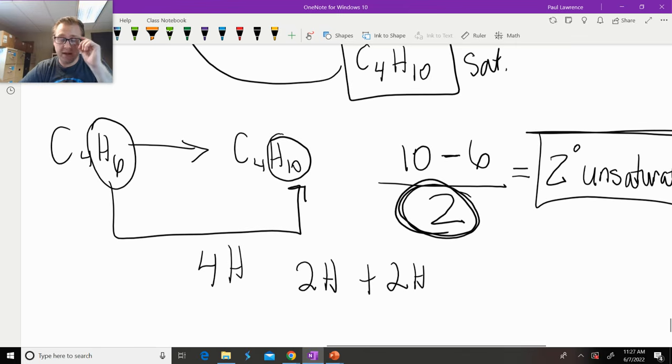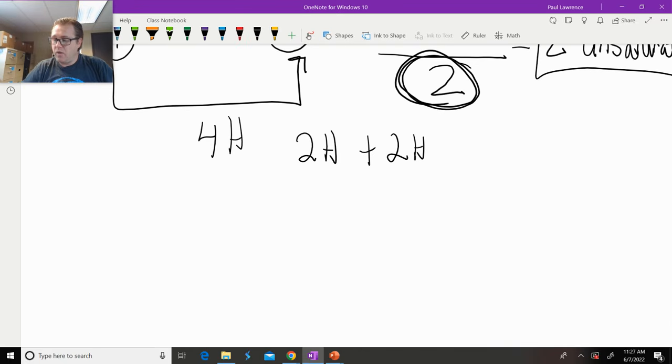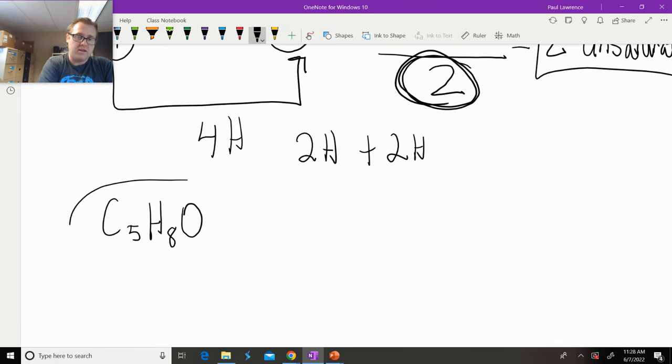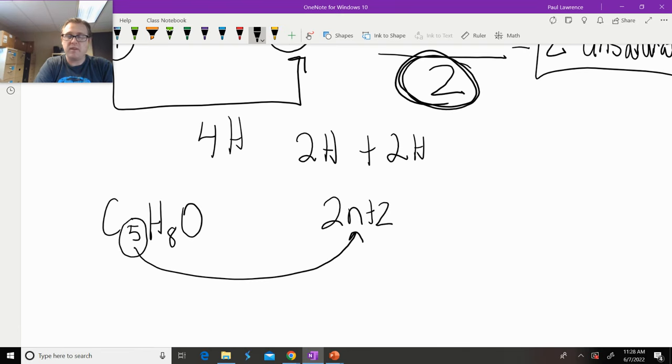Now things will get a little bit more complicated when you introduce heteroatoms. Right? So let's say if we have a formula that looks like this when we start introducing oxygen. What do we do now? Well, how do we calculate the degrees of unsaturation for that guy? Well, here's the trick. You use the same formula, 2n plus 2. You take the amount of carbons, put it in there for n.